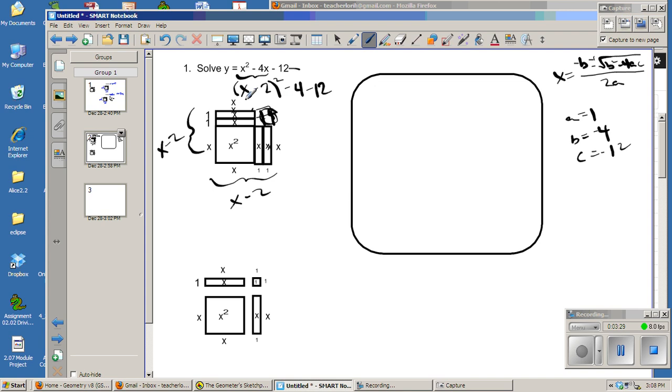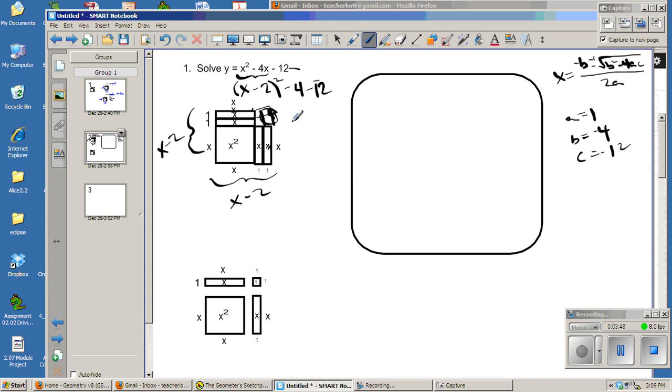It's just another way for me to write it. If I were to do FOIL on this and work it all out, I would get x squared minus 4x minus 12. The reason I want to write it this way, and actually I'm going to simplify it a bit, because I can do minus 4 minus 12.